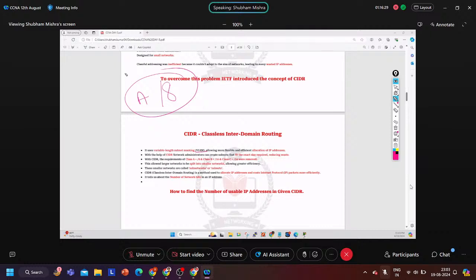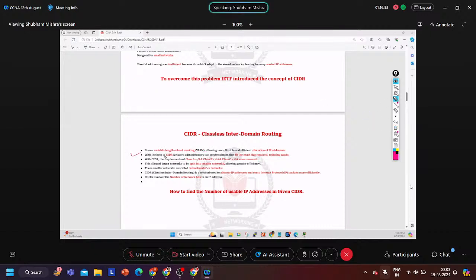But in the case of CIDR, it provides the VLSM concept. It means it is flexible. We can use the subnet mask according to our requirement. This is not fixed. Getting my point, everyone?